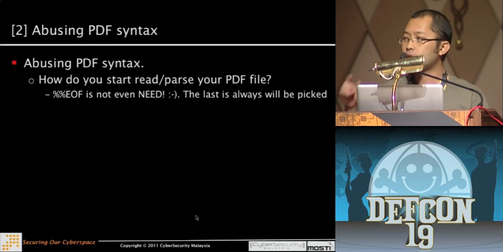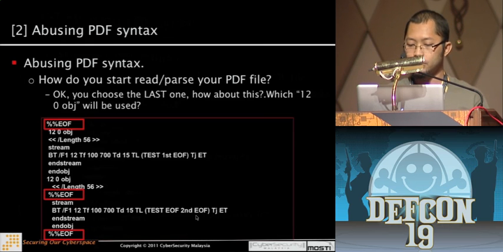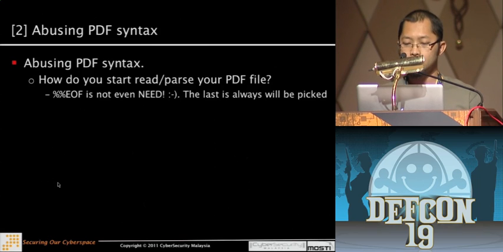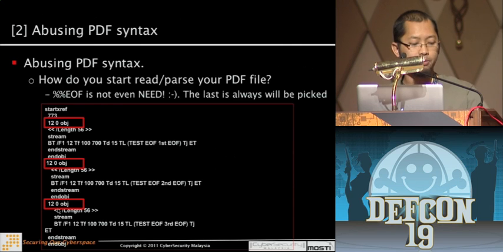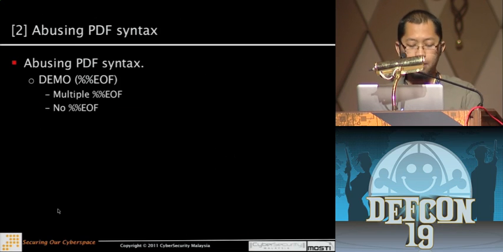So for the last declaration, for example on this one, the last object 12 is always going to be the one that will be picked up by your PDF application. So like I said, there are multiple declarations for object 12, and the last object 12 will always be executed. The last one will always be used by a PDF reader. So for example, the demo.